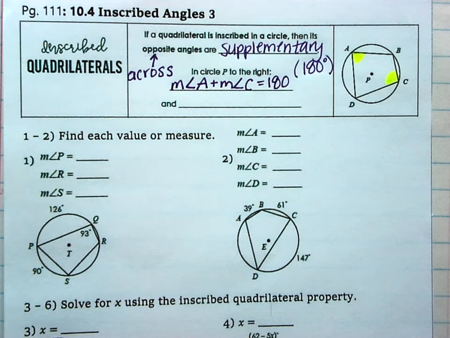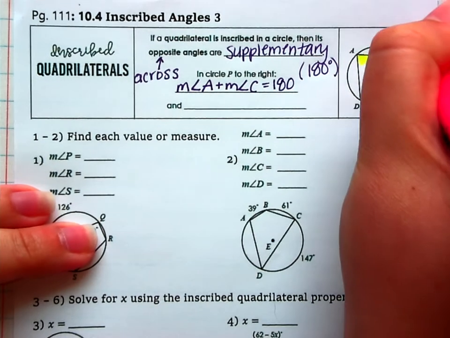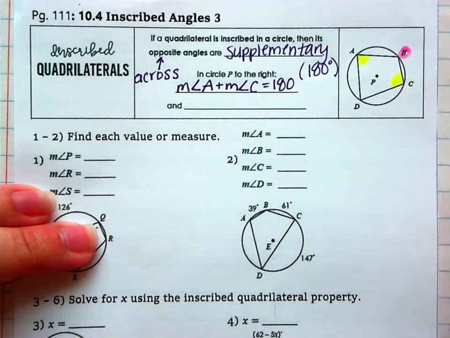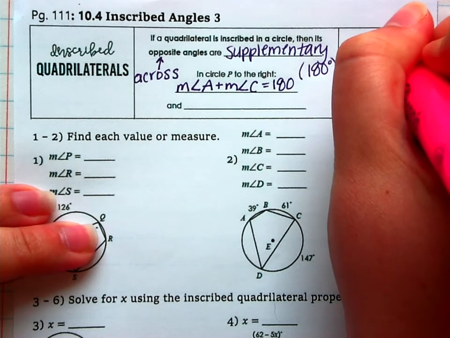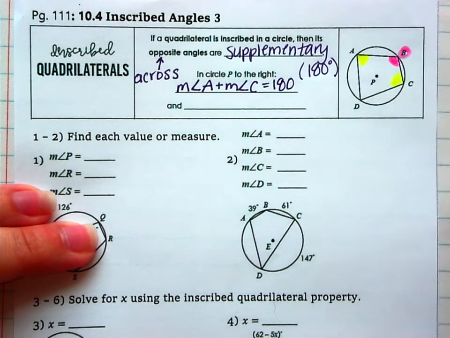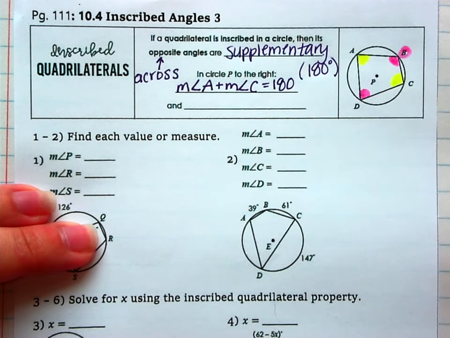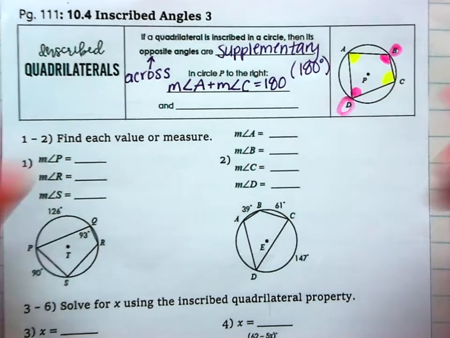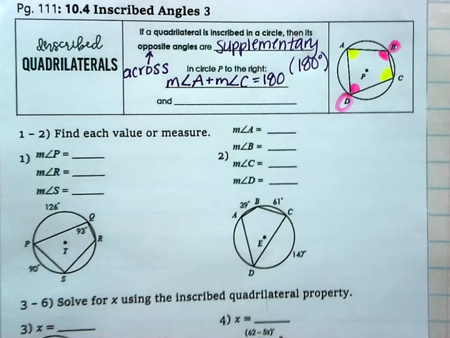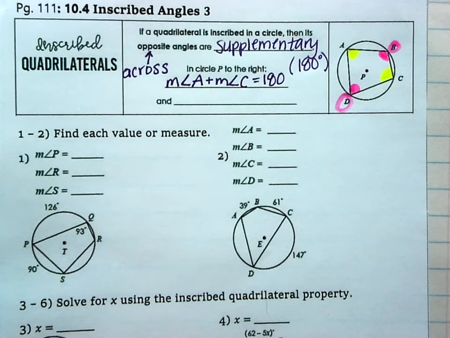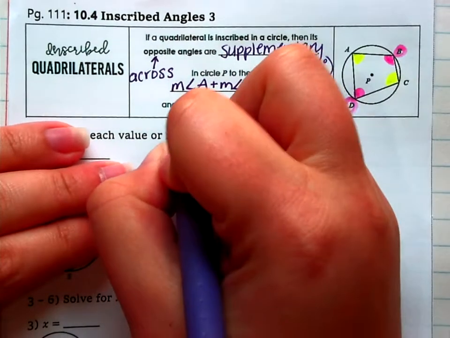Okay, and we also have the other two angles that are opposite of each other. We have angle B, which is actually the angle right here, and the angle D. If we add those together, they will also equal 180.